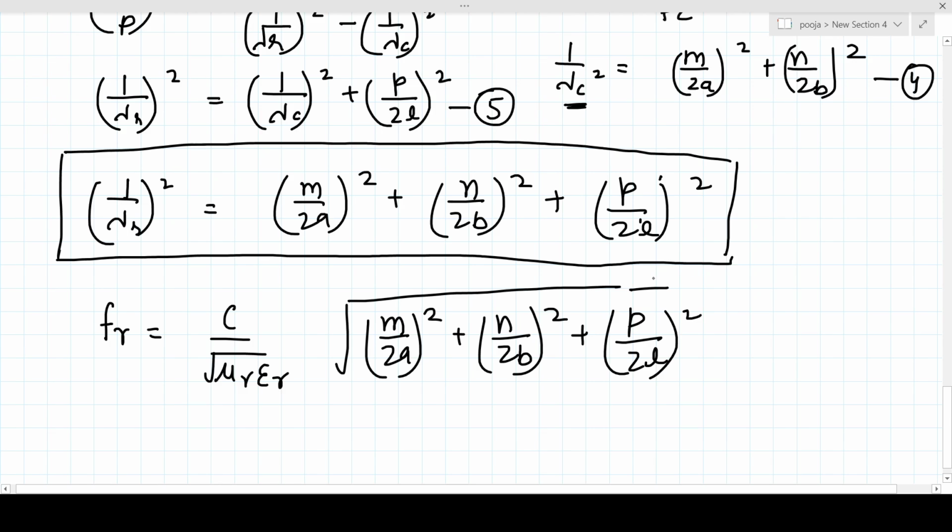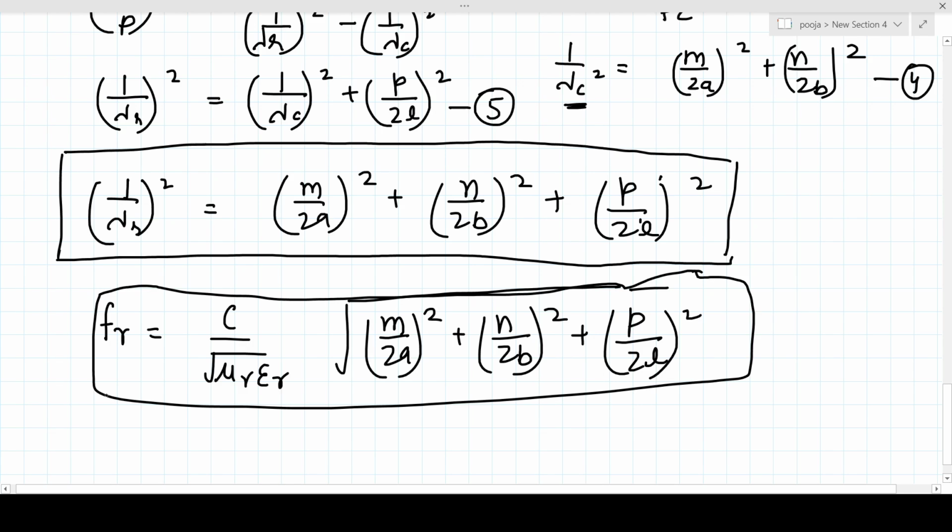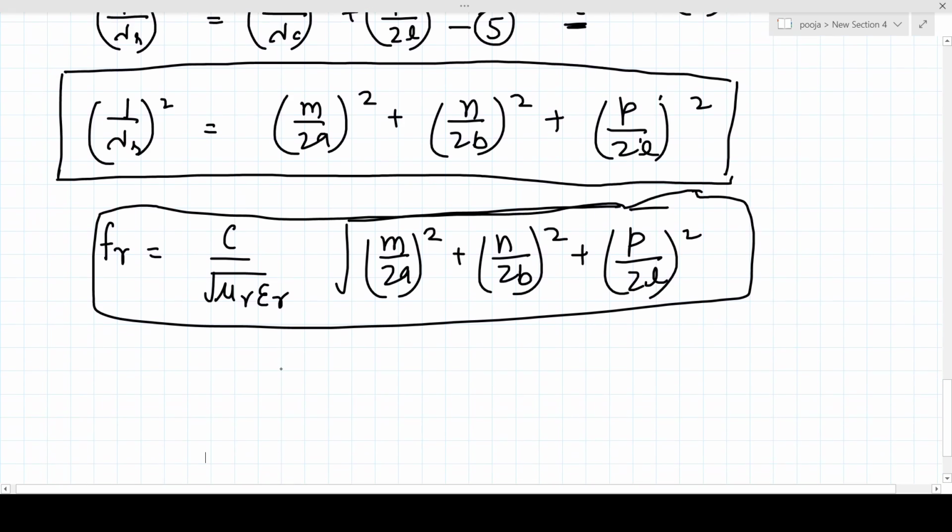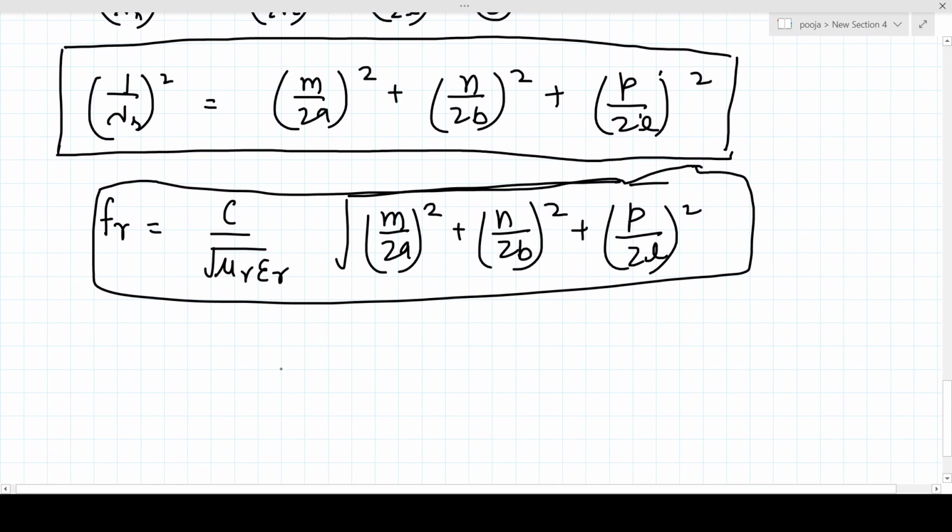So this is the resonant frequency. The dominant or primary mode is the mode which has the lowest resonant frequency, and for a rectangular cavity the dominant mode is TE101 mode.